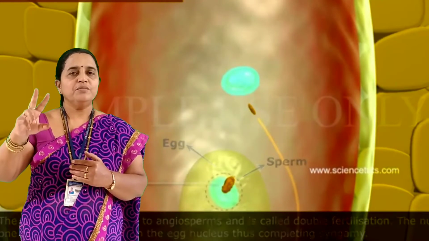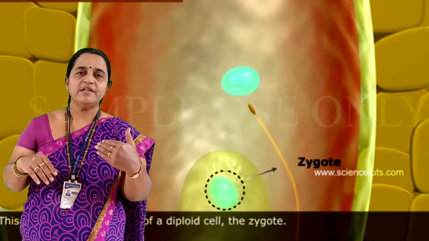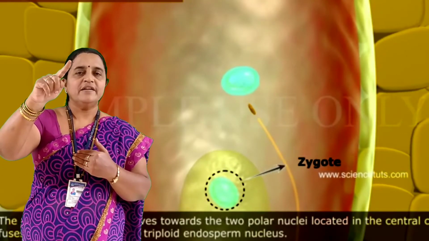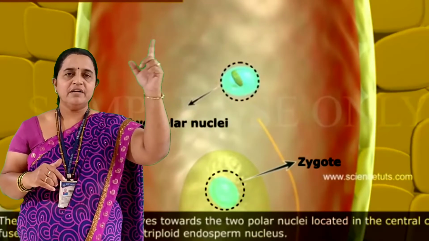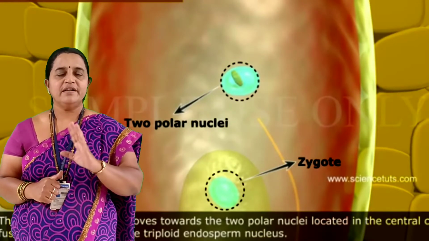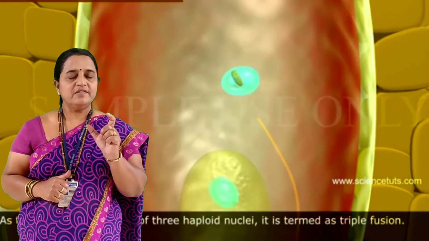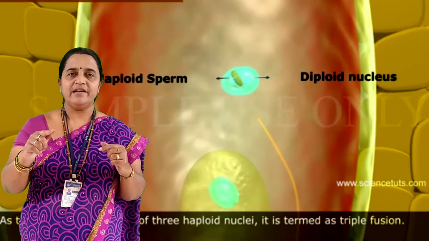Out of these two male gametes, one will try to fuse with the egg and one will try to fuse with the central cell. Till here, whatever events we have studied are called pollen-pistil interaction. These events include the steps after pollination and before double fertilization.